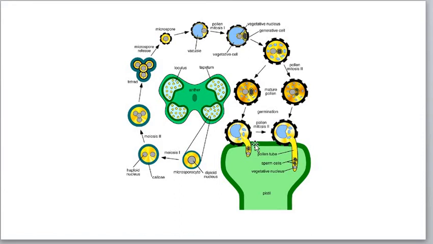The pollen tube forms from the tube nucleus, and the four sacs of the anther form the pollen grains.